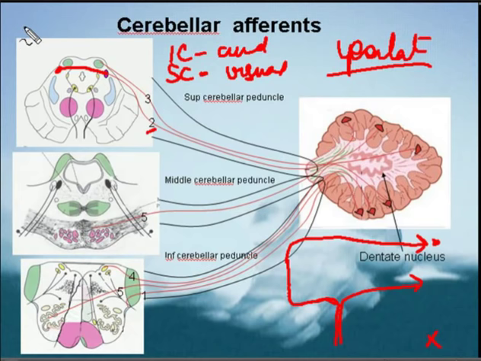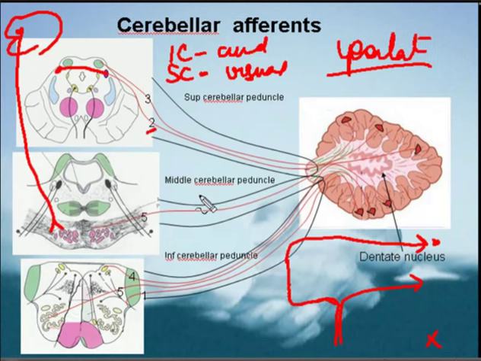So from the cerebral cortex, the corticopontine fibers, and then the pontocerebellar going through the middle cerebellar peduncle, go to the part which is the most recently developed, because I told you that the cerebellum had a primitive part, then an intermediate part, and then a part called the neocerebellum. So these are also known as neocerebellar fibers.